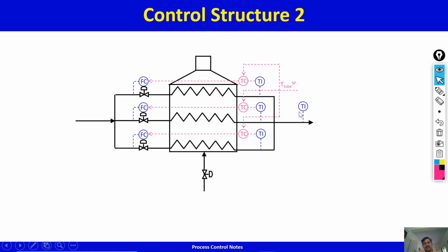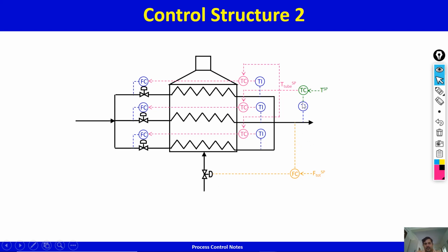And the other option is T tube set point controls total flow and Q controls temperature. So here what we have is the outlet temperature is controlled by adjusting the T tube set point, and then the flow through the tubes is controlled by a flow controller which adjusts the heating rate.